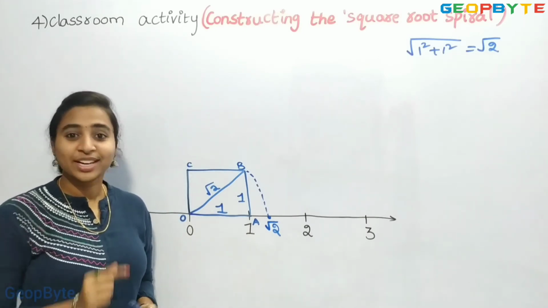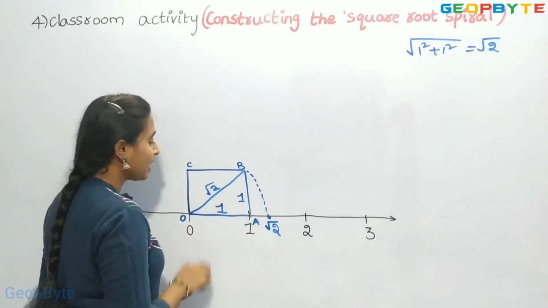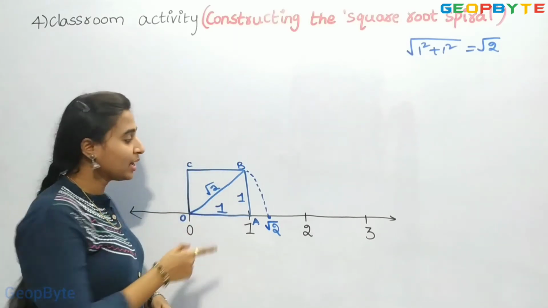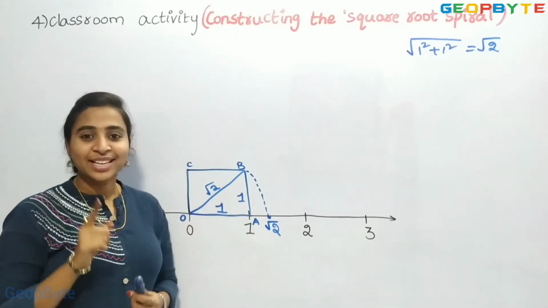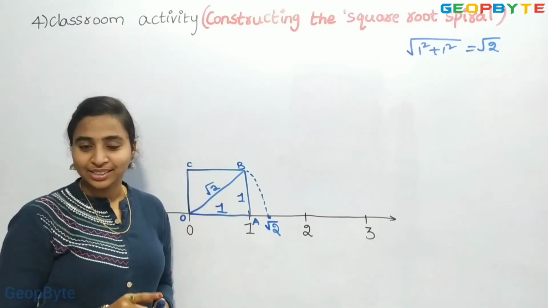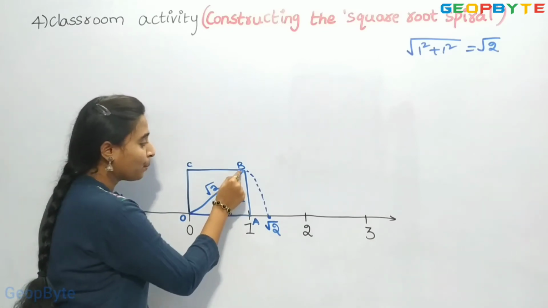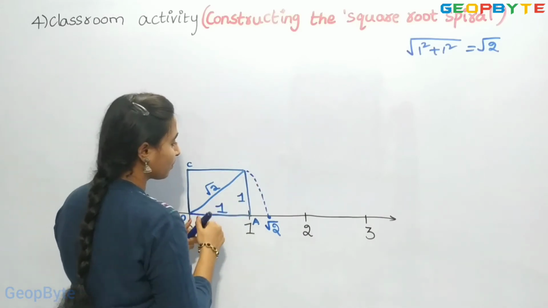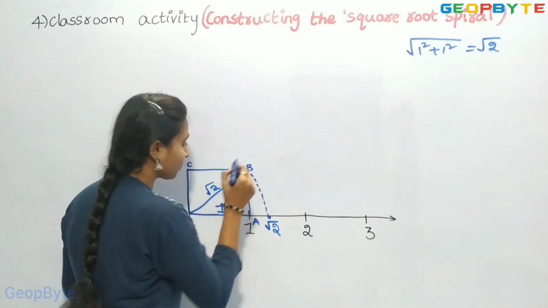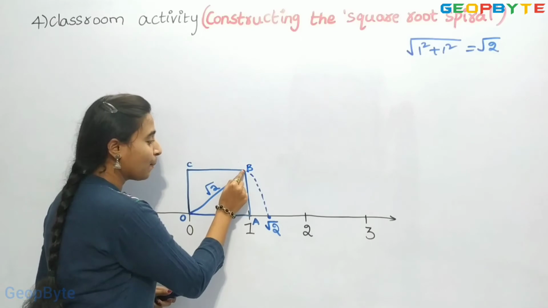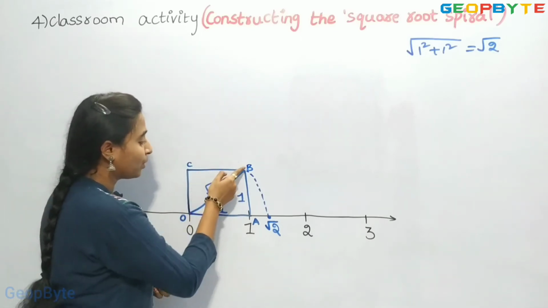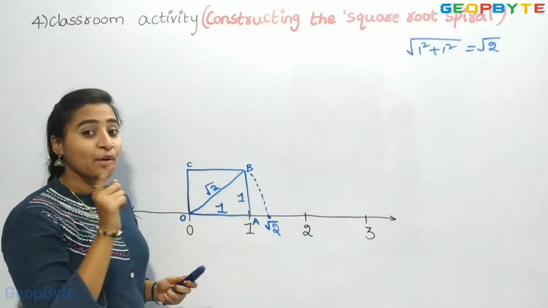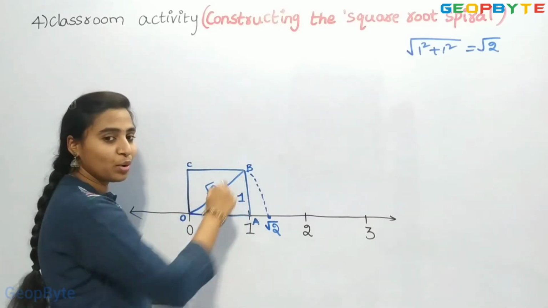Now let us represent root 3. See, this is our line. For this line, let us draw a perpendicular, that is exactly 90 degrees. Take a protractor, put it along this line and draw a 90 degrees line which is perpendicular to OB.